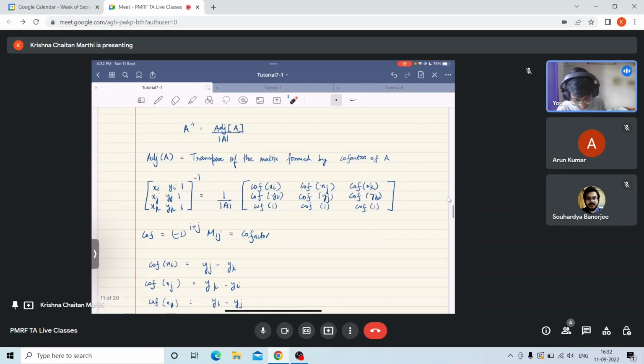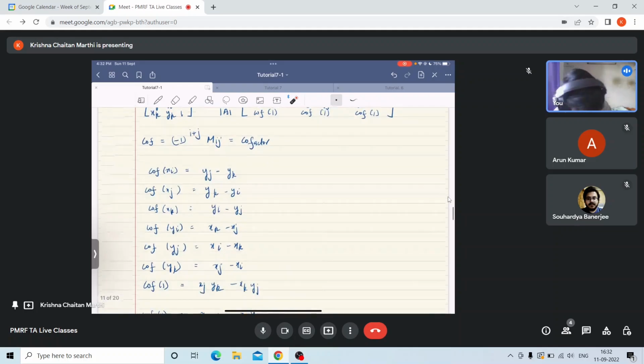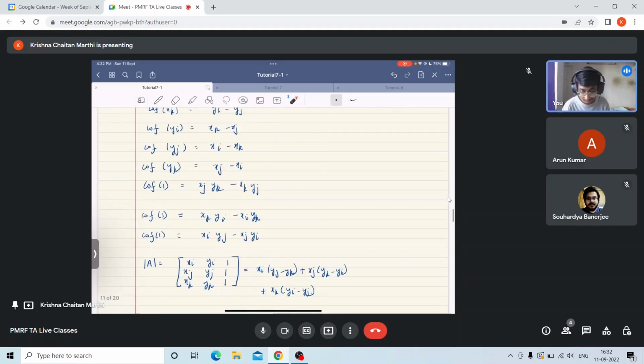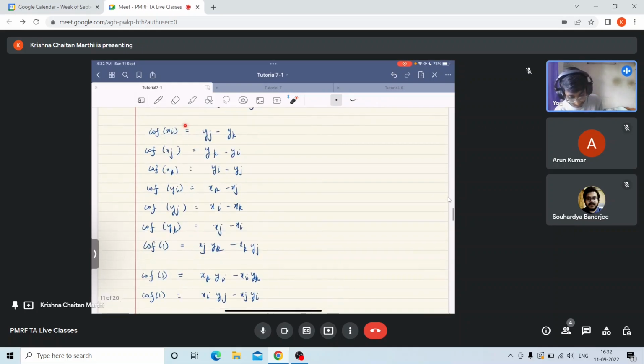So the cofactor of xi will be yj minus yk. The cofactor of xj will be yk minus yi, as minus 1 to the power i plus j will be there. So you can compute the cofactor of each element, and I have written the cofactors of each element here.